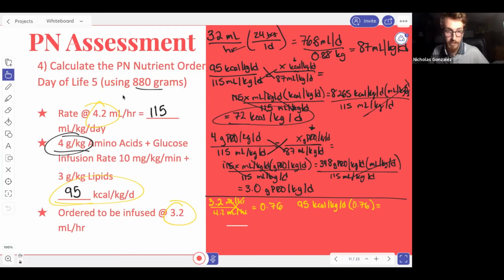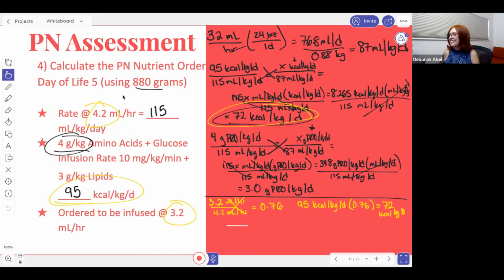And that's going to give us 72 calories per kilogram per day. And that is the same as up here. So it's a lot quicker. It's easier. It's still fun enough. So if this method works for you, go for it. And I believe this is the one that's used more often, Dr. Abel? Absolutely, yes.